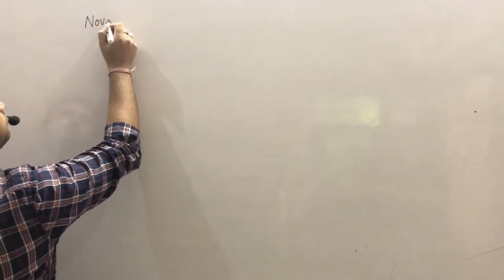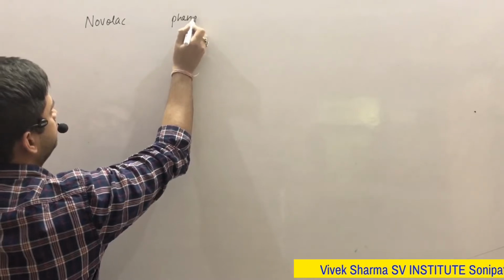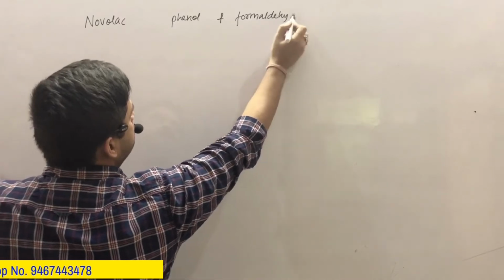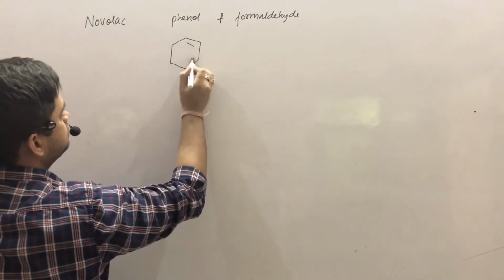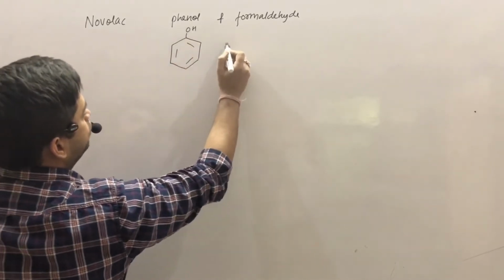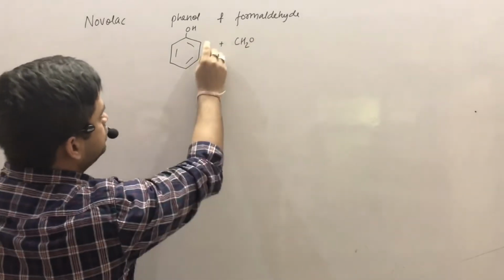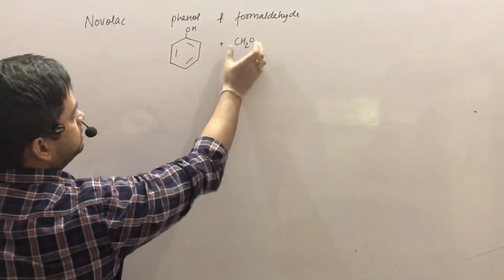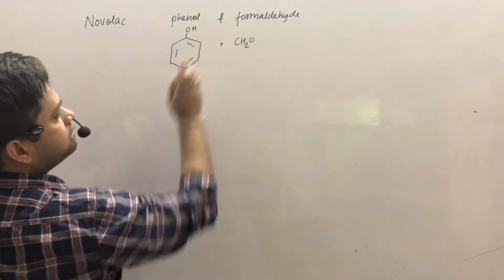Next resin is Novolac. The two monomers are phenol and formaldehyde. Phenol is hydroxyl group attached to benzene. This is phenol, and formaldehyde is CH2O. Here at each carbon there is one hydrogen attached, which is not represented in the structure, and the property of formaldehyde is to adjust itself between the carbon and hydrogen.